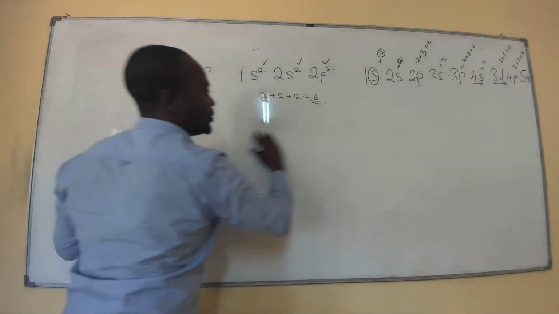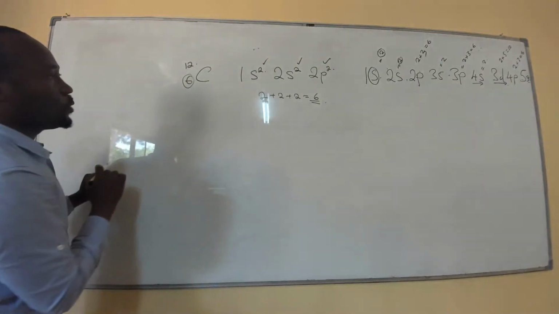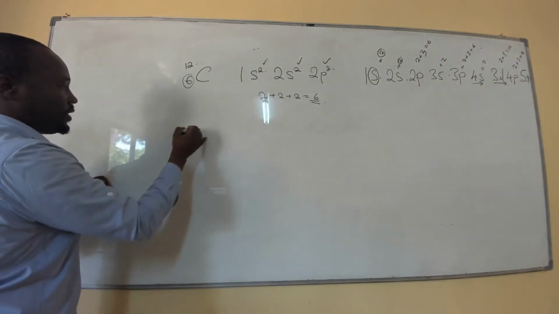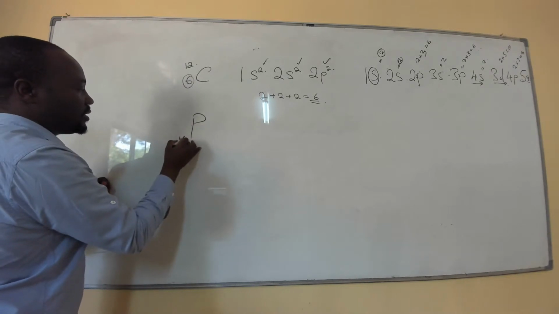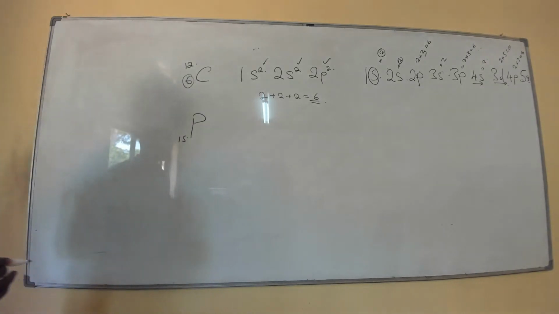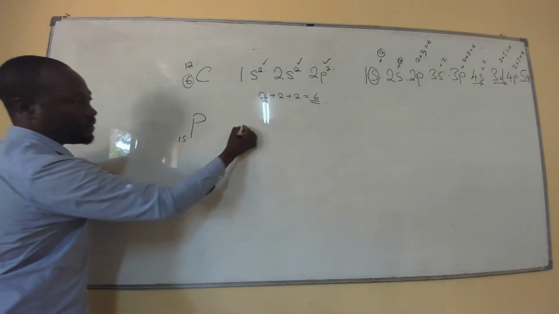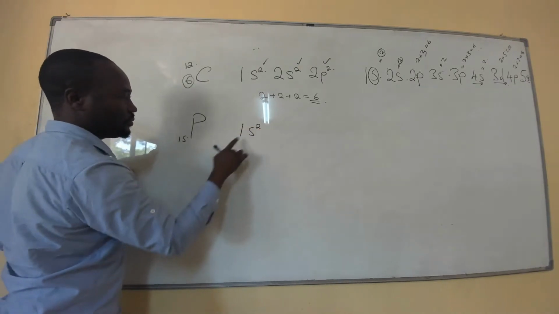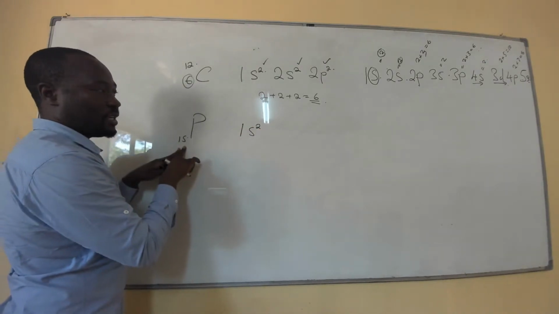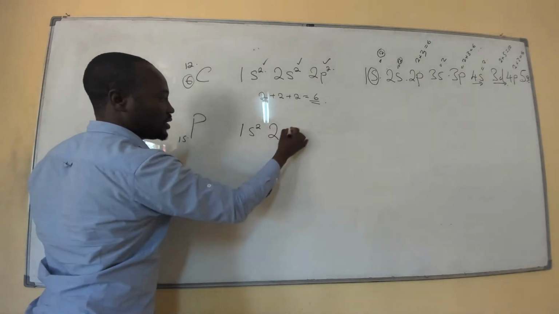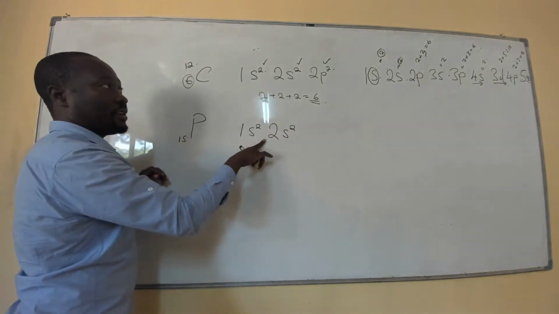Next, phosphorus, the one that we're looking at, with 15 electrons. You distribute: the first 2 will go into the 1s2, so 13 are remaining. Then 2 go into the 2s2, so 11 are remaining.